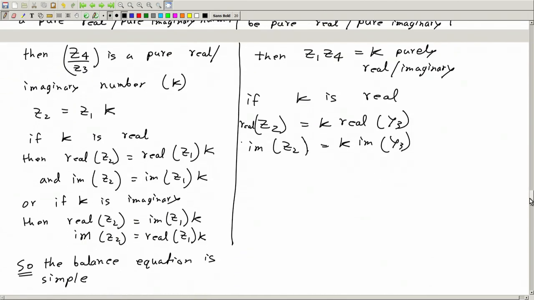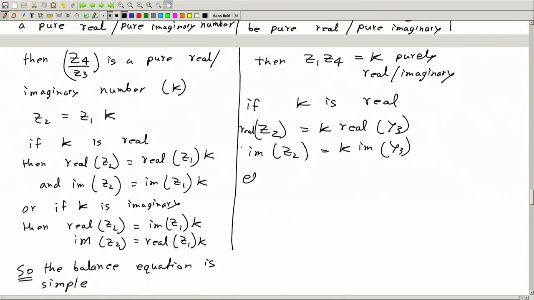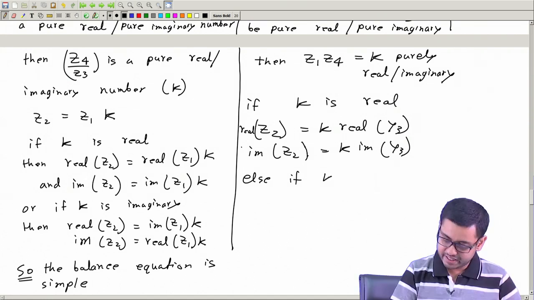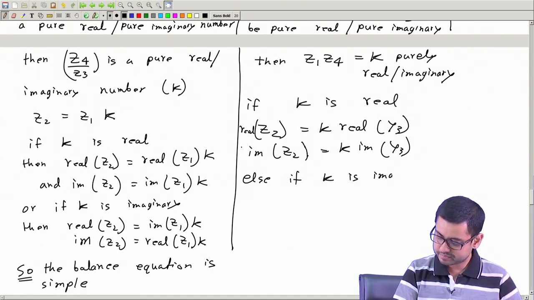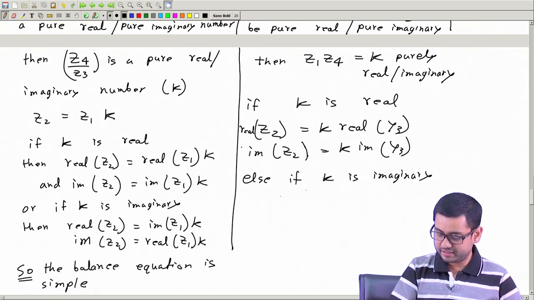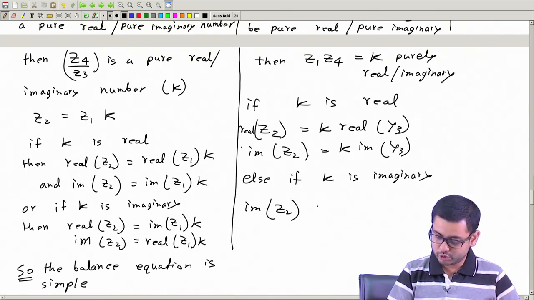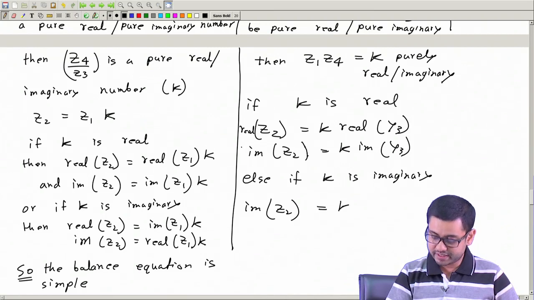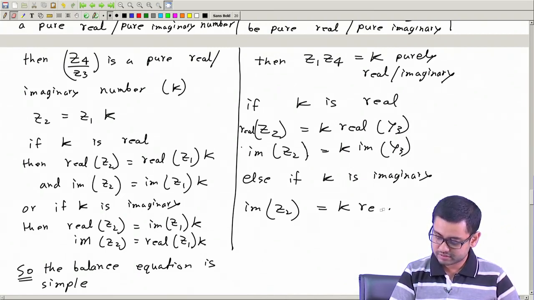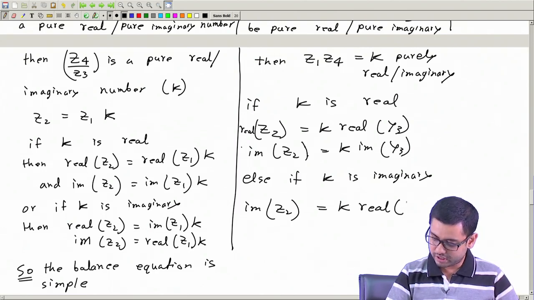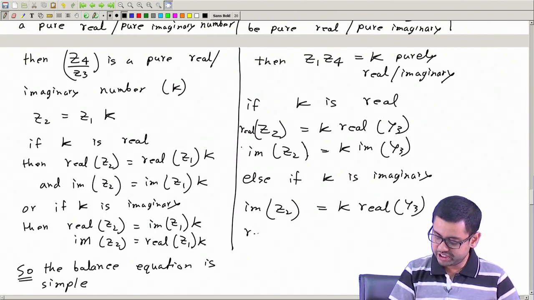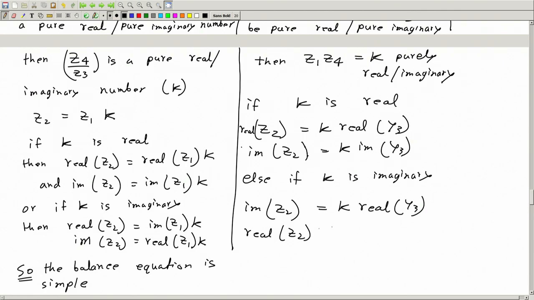And similarly, if k is imaginary, then you can write imaginary of Z2 is equal to k times real of Y3 and real of Z2 is k times imaginary of Y3.